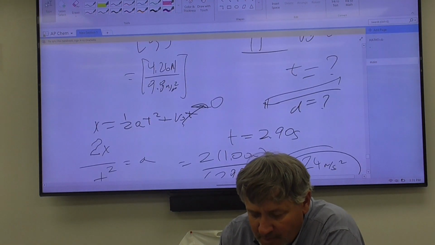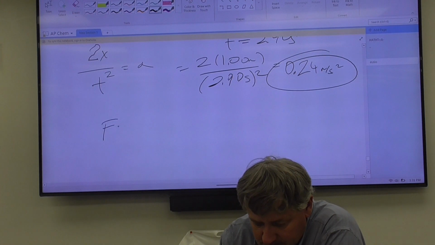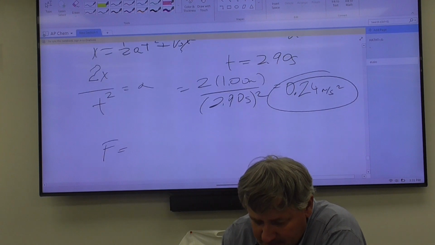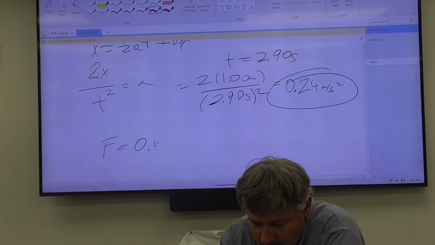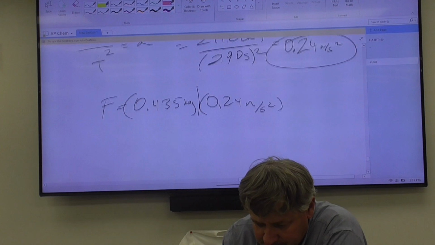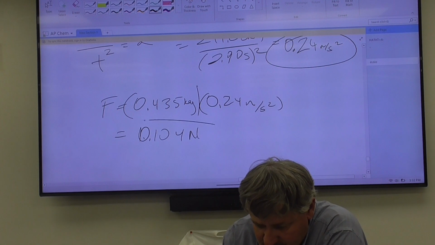So somebody take 4.26 and divide that by 9.8. 0.435. 0.435 kilograms times 0.24 meters per second squared gets me what? 0.104 newtons.